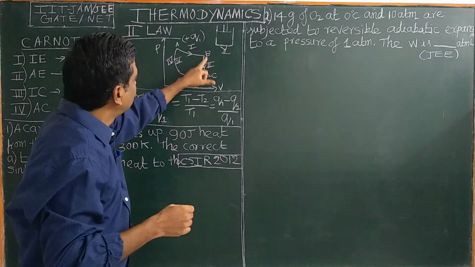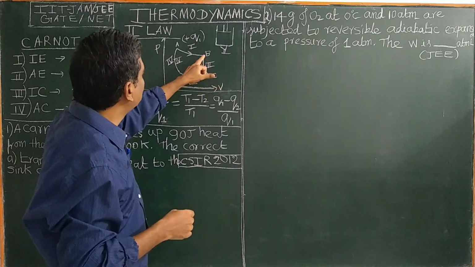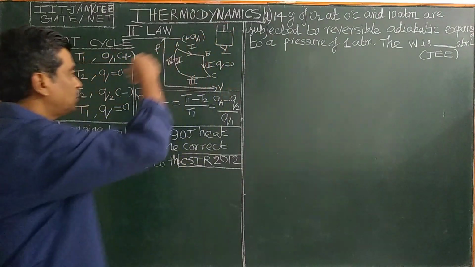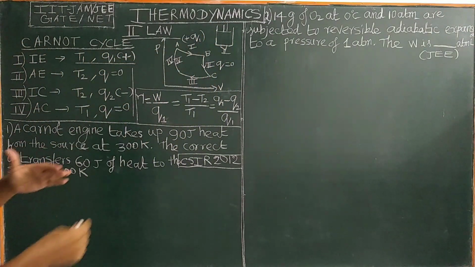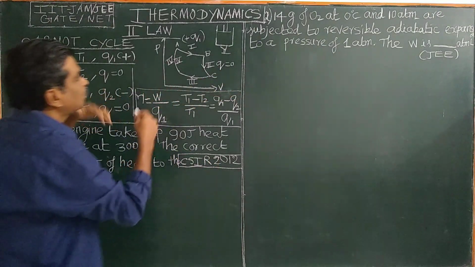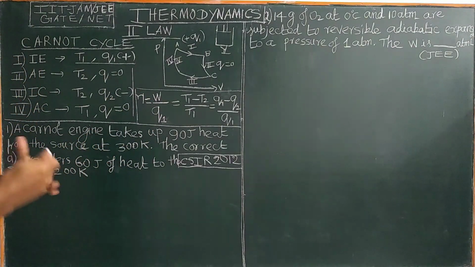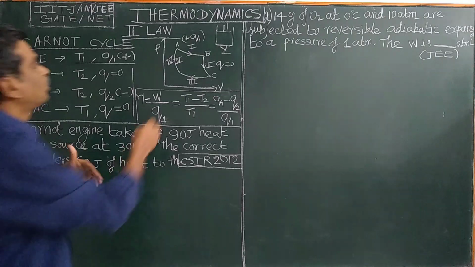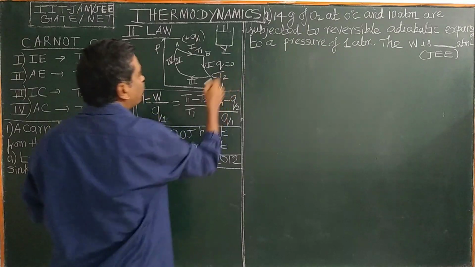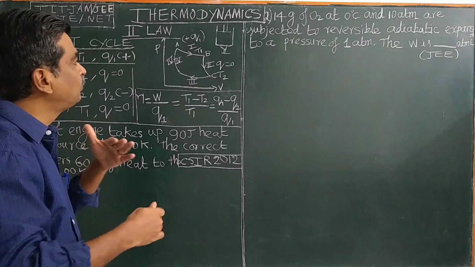Next is adiabatic reversible expansion. In this case there is no heat, Q equal to 0. Therefore the temperature falls. As I said earlier, during adiabatic reversible expansion there is a decrease in temperature, from T1 to T2, because the expansion occurs at the expense of internal energy.